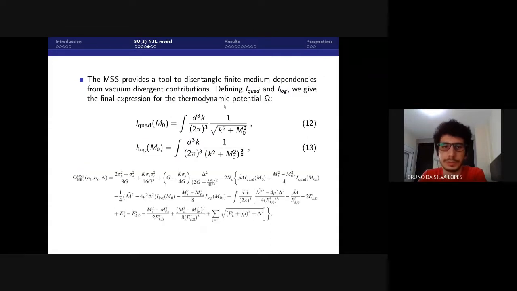And when we work in the MSS scheme, the only integrals in the thermodynamic potential will depend only on the value of the mass in the vacuum. So we're not cutting in lambda the finite medium dependencies.